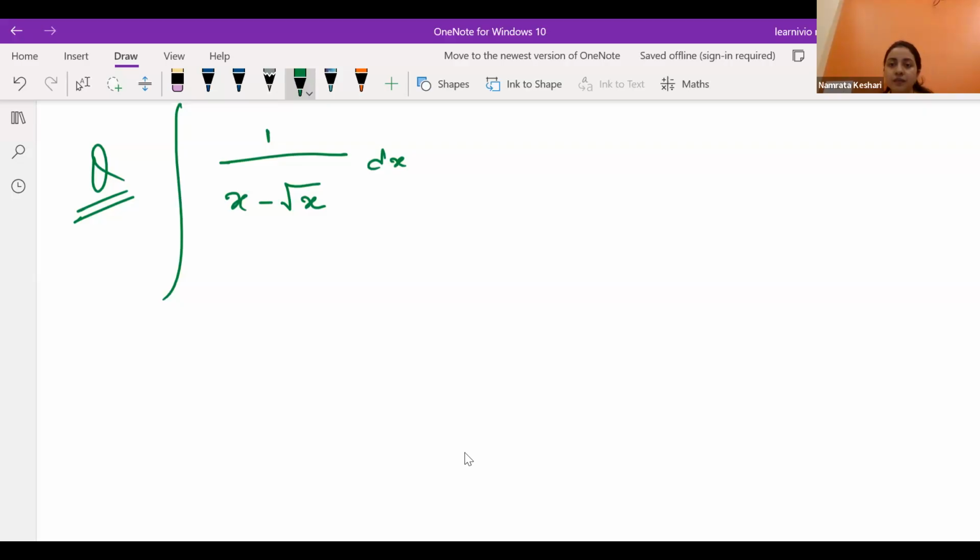Can we separate it by 1 by x minus 1 by root x? No, we will not separate it because the common denominator is this one. We can only separate when you are having, suppose, 5 plus z by x minus root x, then you can write 5 by x minus root x plus z by x minus root x, because these two are the same thing.